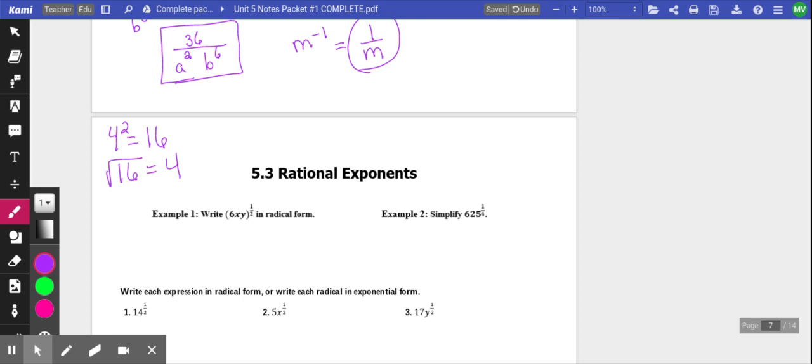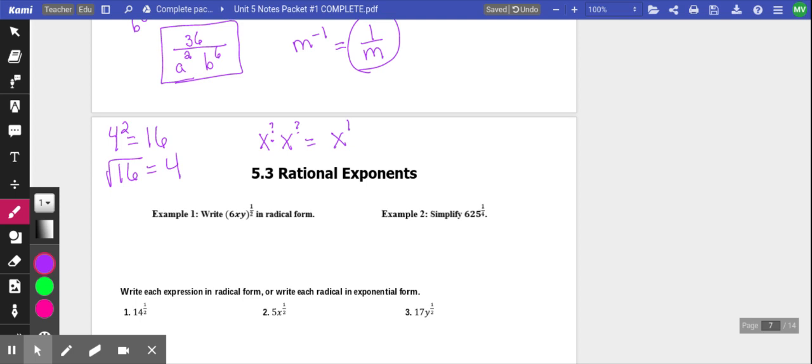But what if I said that x times x to some power times x to the same power is equal to x to the first? What would be those powers?